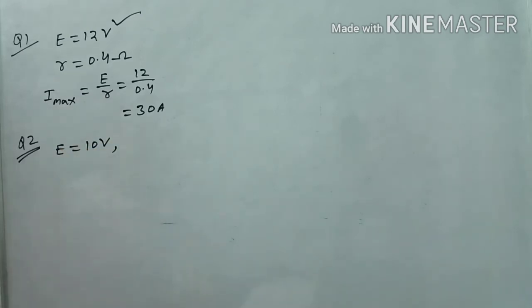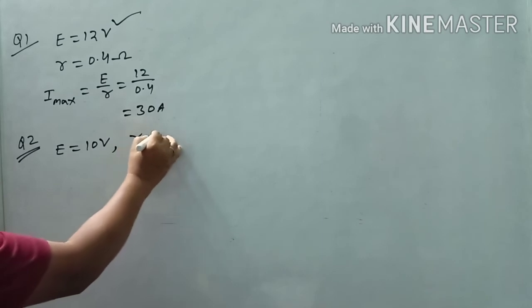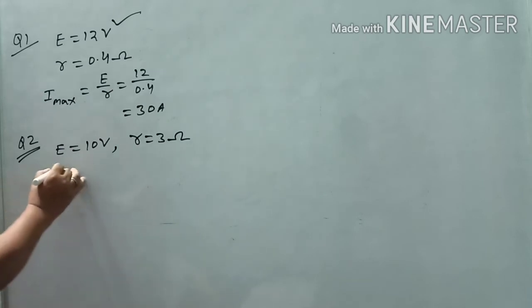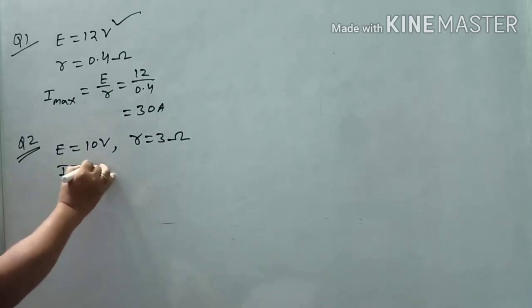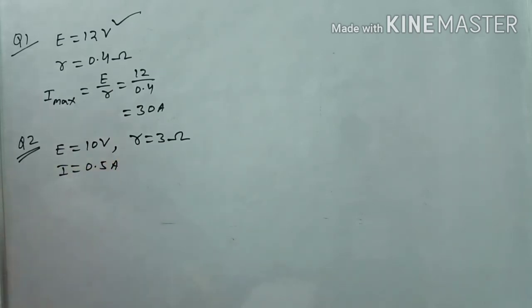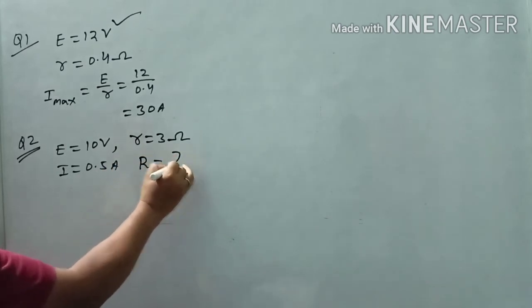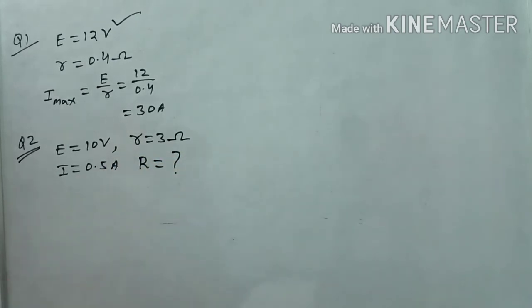Internal resistance is 3 ohm. R is the internal resistance, students, 3 ohm. Current is 0.5 ampere. And you have to find out resistance of the resistor, means capital R.